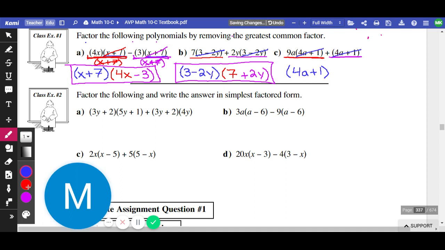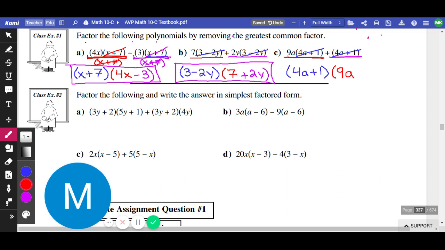When I remove that greatest common factor, on the red side I'm left with 9a. And remember, our remainder goes in a set of brackets. From the purple side, I'm not left with anything. It completely canceled out when I divided it out. Remember when we did GCF last week, we said that when it completely cancels out, there's something left over.